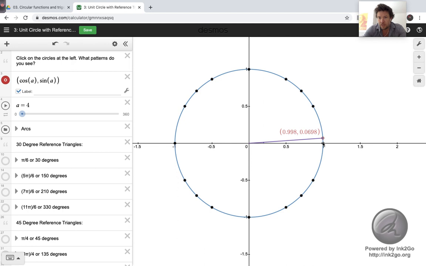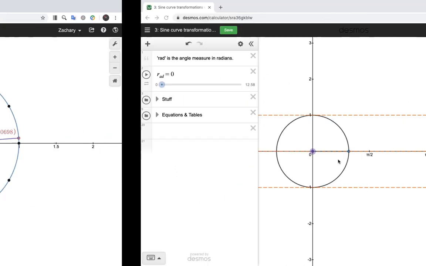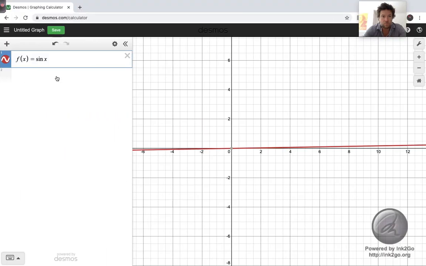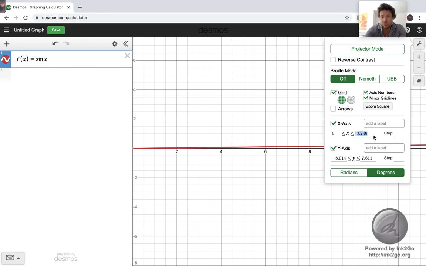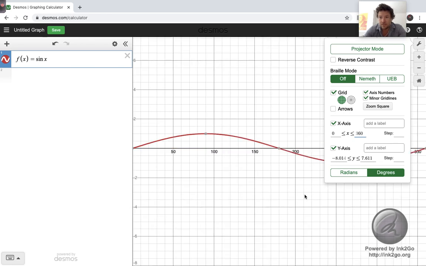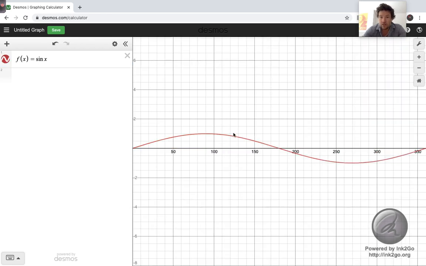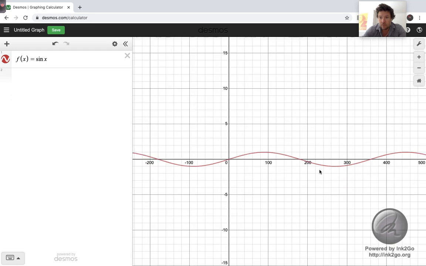So just the length from the x-axis up to this point, approximately 0.07, which is what was being spit out of the function here when we're in degree mode. Now I can simply change my axes, so I could change the x-axis to, instead of going from -6 to 13, to go from 0 to 360. And now I can see that there's my nice periodic sine wave.